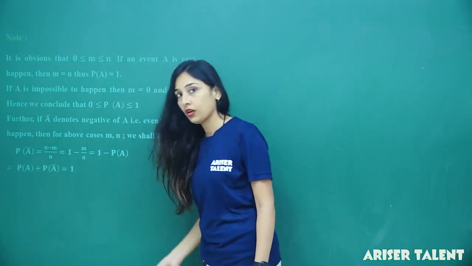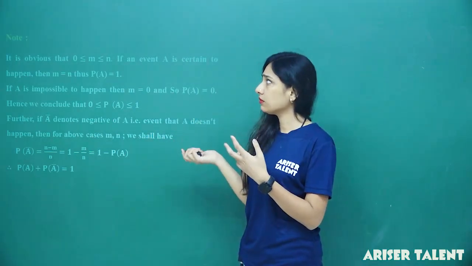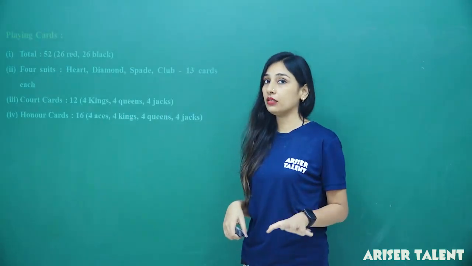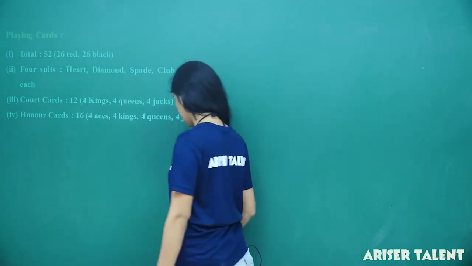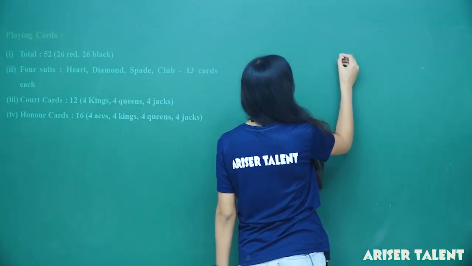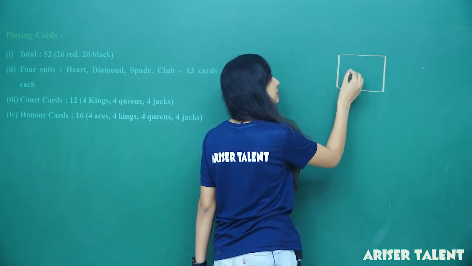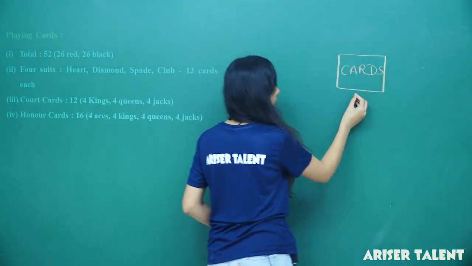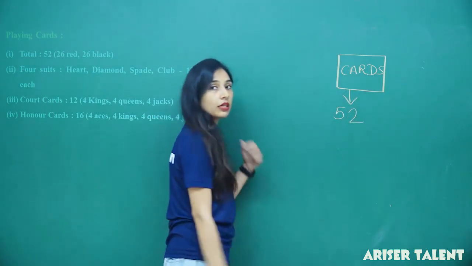So we have talked about dice, we have talked about coins, and now it's about playing cards. If you play cards, it's simple for you, and if you don't, then let me make it simple for you. If I talk about playing cards specifically, there are 52 of them, right?